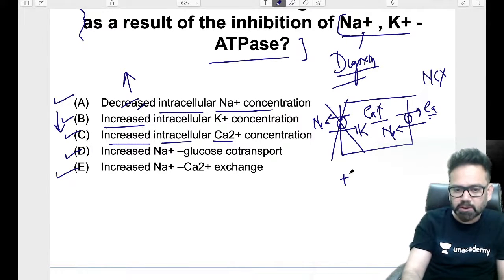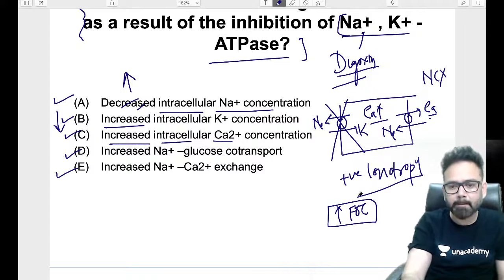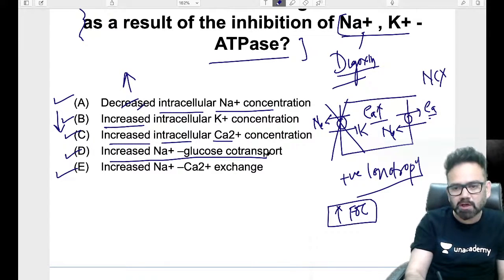That causes positive inotropic action, which increases force of contraction or contractility.